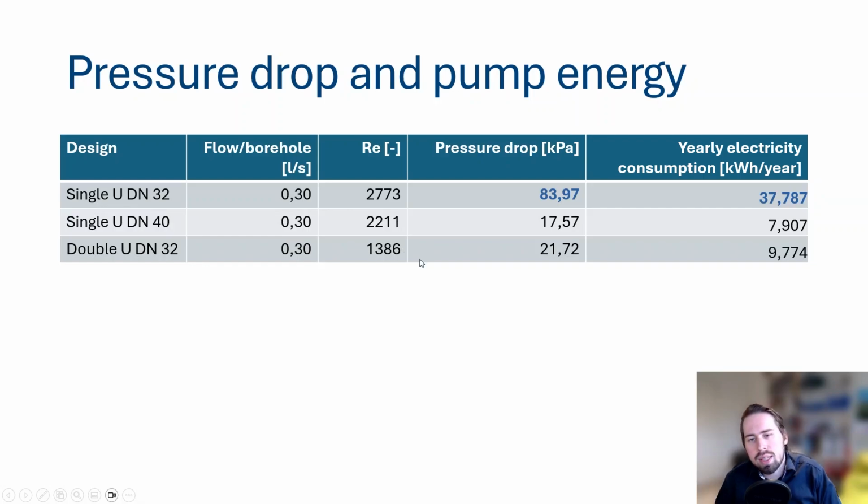And this is due to the fact that it's not only the fluid velocity that's taken into account, but also the pipe diameter in our friction parameters. So just to show that designing your system with a turbulent flow or a transient flow will lead to very high pump energy requirements, leading to an overall worse performance of your system.